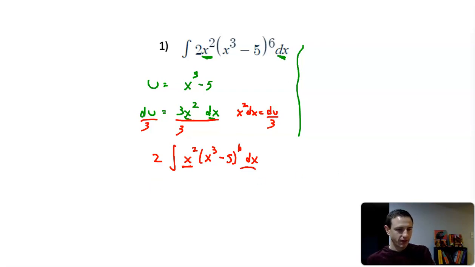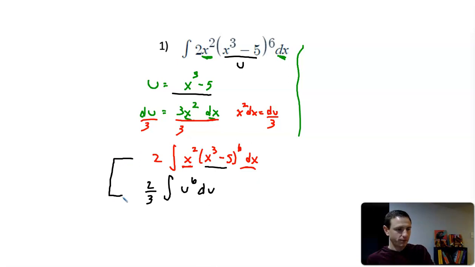So I'm going to rewrite this as 2/3. I'm going to take out that 1/3 times the integral. And then I'm going to substitute x to the third minus 5 for u. That's the whole reason why I set u, because this whole term now becomes u. So it's going to be u to the 6th du.